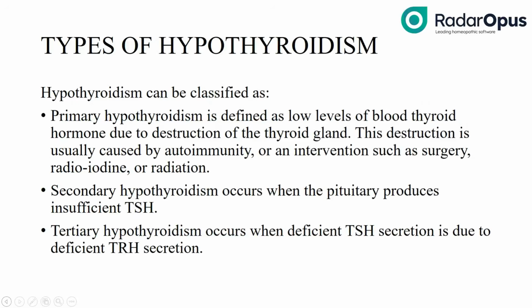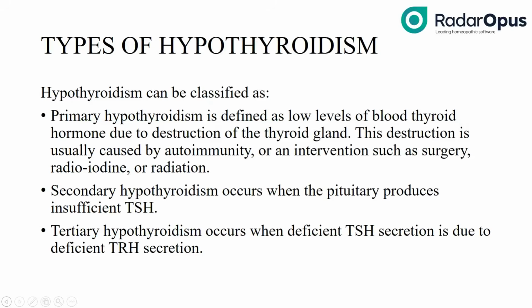Firstly, about the primary hypothyroidism. Primary hypothyroidism is defined as low levels of blood thyroid hormone due to the destruction of the thyroid gland. This destruction is usually caused by autoimmunity or an intervention such as surgery, radioiodine, or radiations.